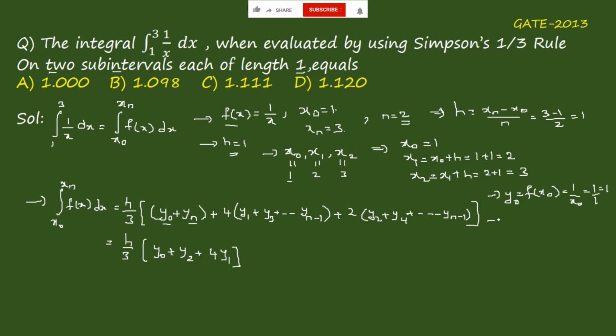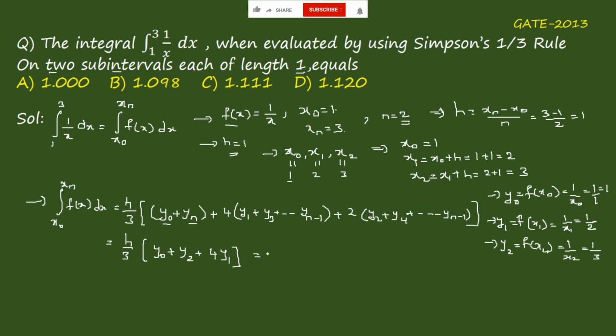Then we find the value of y1, which is equal to f of x1, which is 1 by x1, which is equal to 1 by 2. Then the y2 value is equal to f of x2, which is 1 by x2, which is equal to 1 by 3. So substitute the values here.